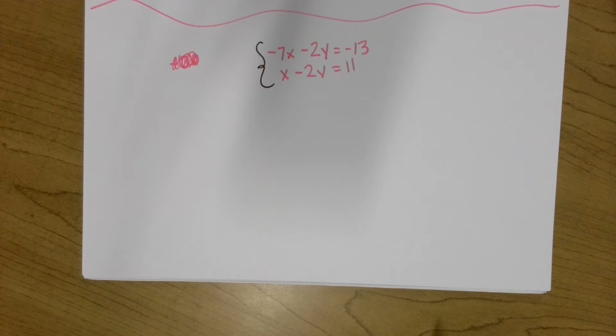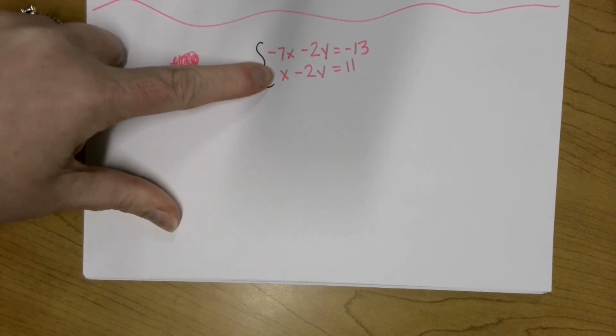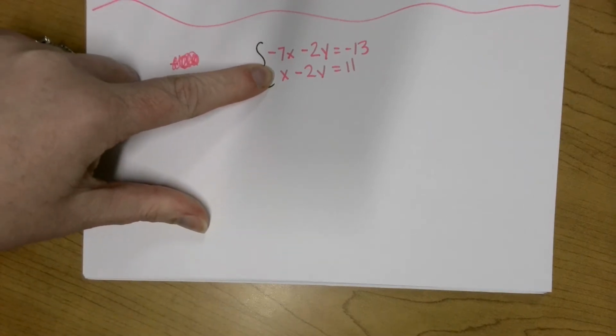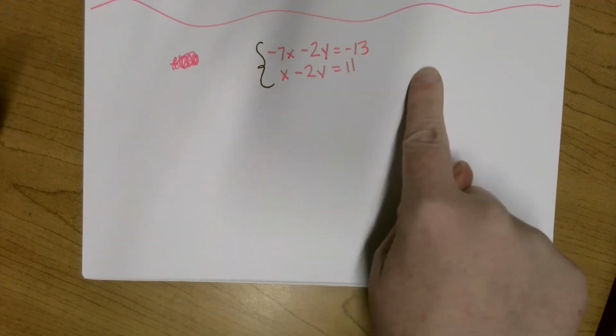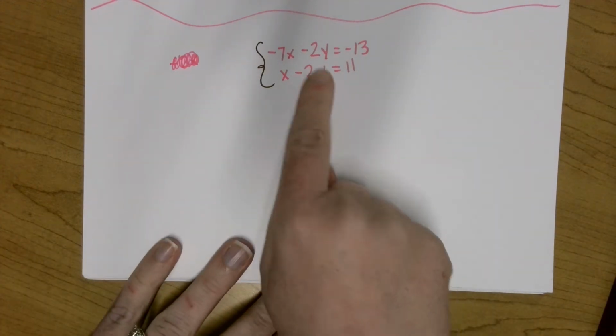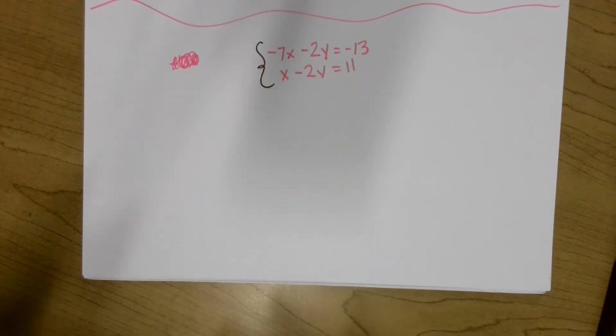And I would have to say that the x in the second equation is going to be the easiest to get by itself. It doesn't have a coefficient. It doesn't have anything in front of it. It's just x. I had a lot of people say, oh, x is already by itself. It's not by itself. If it were by itself, I could just put in what it's equal to. It has this on the same side. So it's not by itself, but it doesn't have a coefficient, so it'll be the easiest to manipulate.